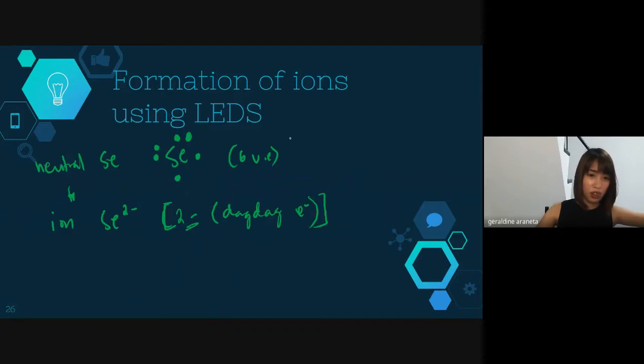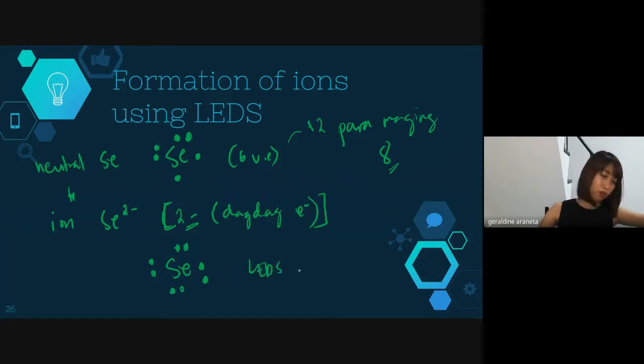So 6 valence electrons, plus 2, to make its valence 8. So this will become Se 1, 2, 3, 4, 5, 6, then we add two electrons, 7, 8. This is the Lewis dots of Se 2 negative.